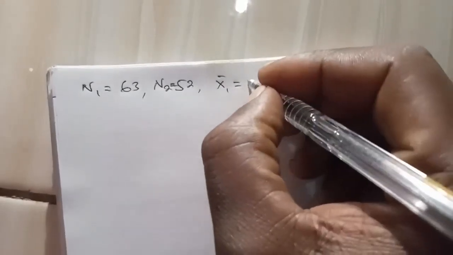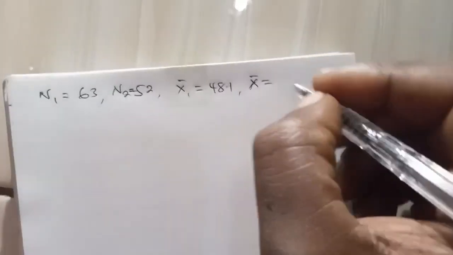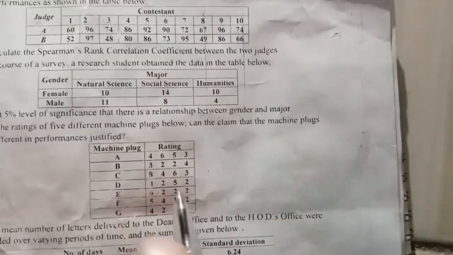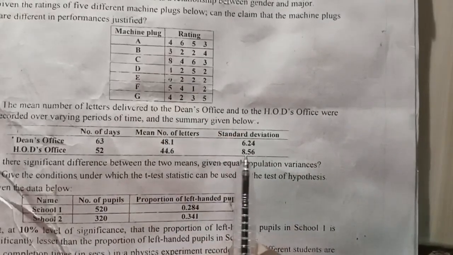The first mean is 48.1 and the second mean is 44.6, and the standard deviations: the first one is 6.24, the second one is 8.56.